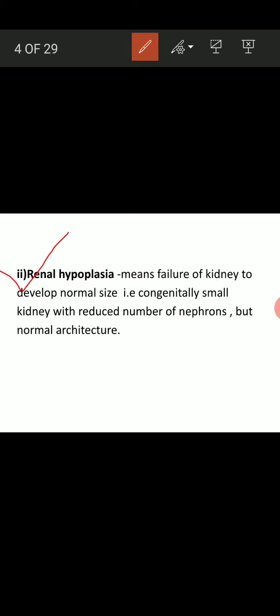As in case of agenesis, unilateral hypoplasia is commoner than bilateral hypoplasia. Bilateral hypoplasia usually presents with signs and symptoms of chronic renal failure.